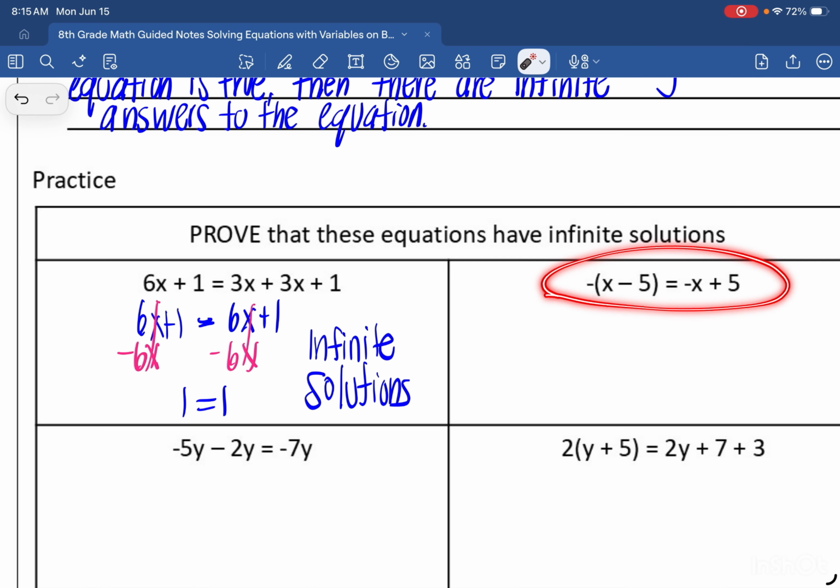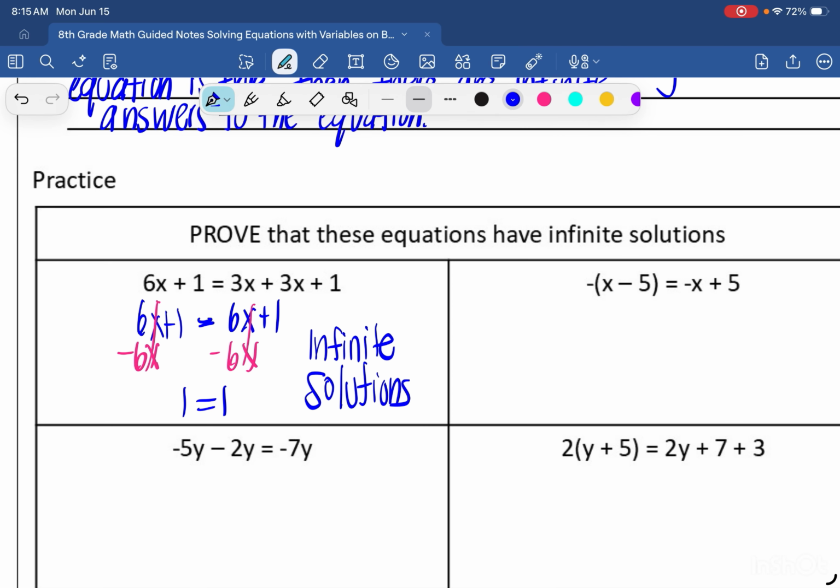Next question right here, let's distribute that negative. So I have a negative x, and then negative times a negative 5 is going to give me plus 5, and that equals negative x plus 5. If I add x to both sides, I get 5 equals 5, which is true, so this has infinite solutions.